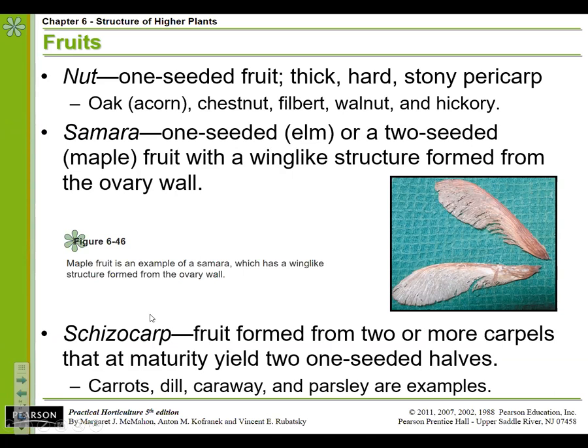A schizocarp is a fruit that is formed when 2 or more carpels at maturity yield 2 one-seeded halves. So carrots, dill, caraway, and parsley, all in the same family. They're all in the Apiaceae, or carrot or parsley family. And note that a lot of these plants, when we look at them, are fairly closely related.